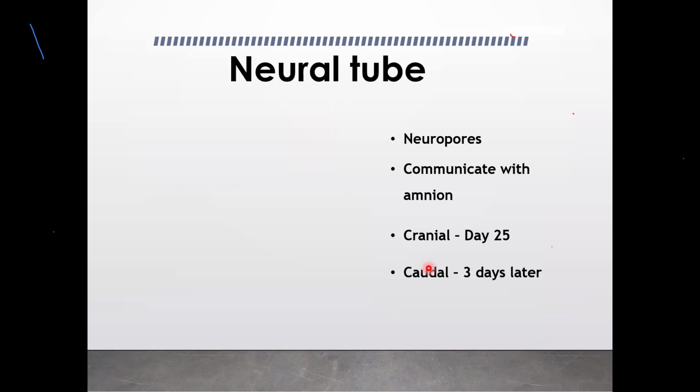So for the neural tube that we have right now, you have already formed your neural tube. At this point, it's still open on both ends. Given that it's open on both ends, you will have neuropores on both ends: the cranial neuropore and the caudal neuropore. Those neuropores enable the neural tube to communicate with the amnion.